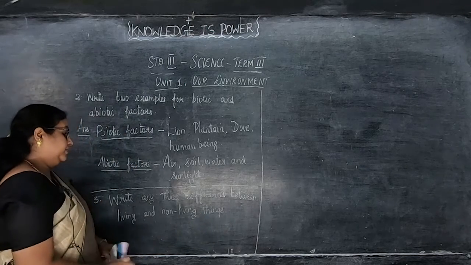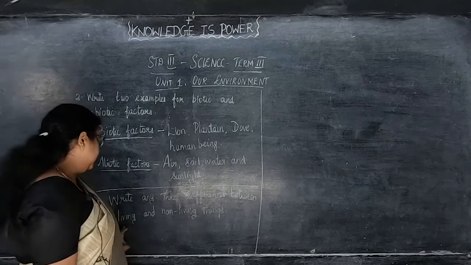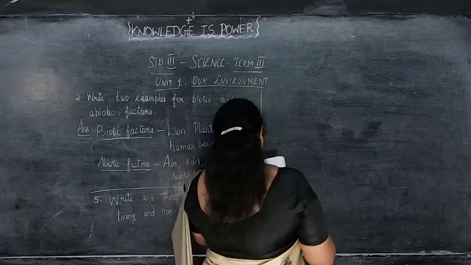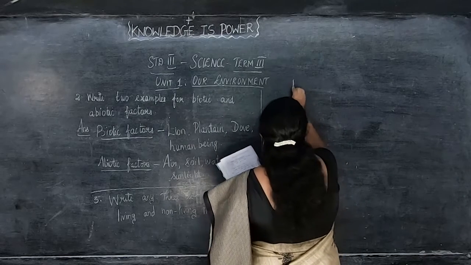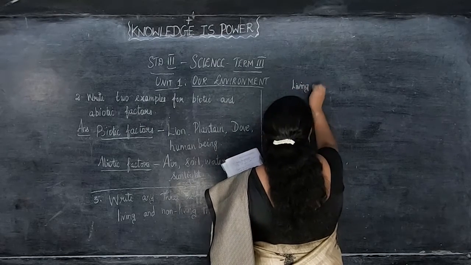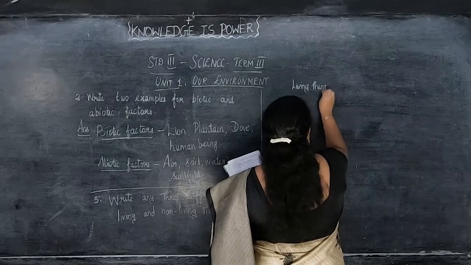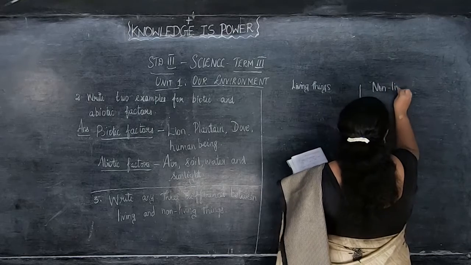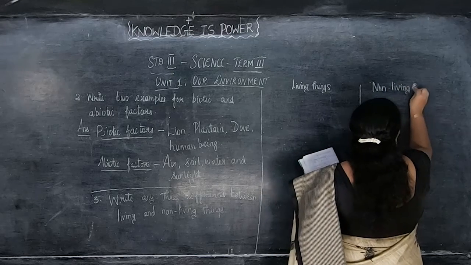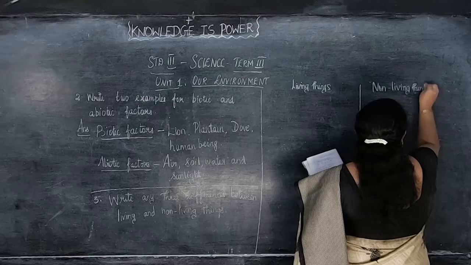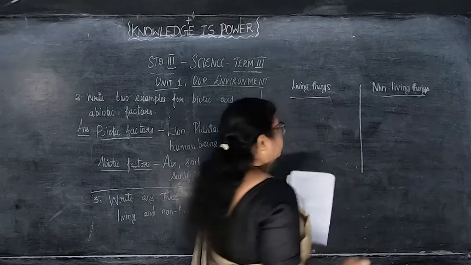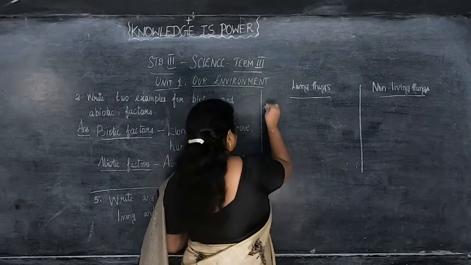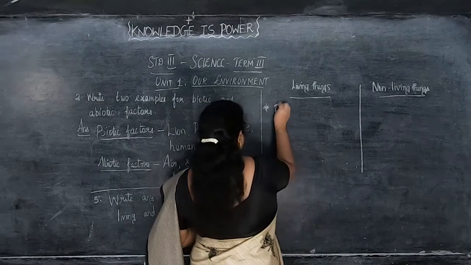Write any 3 differences between living and non-living things. So living things and non-living things. Now we are going to write how many differences they have asked, children. Any 3 differences.